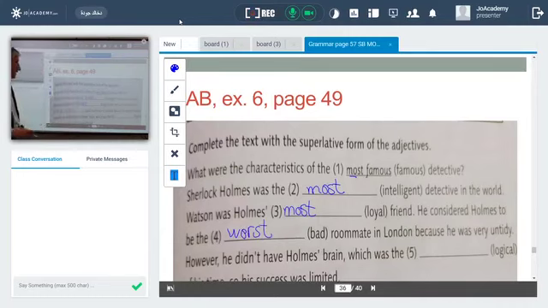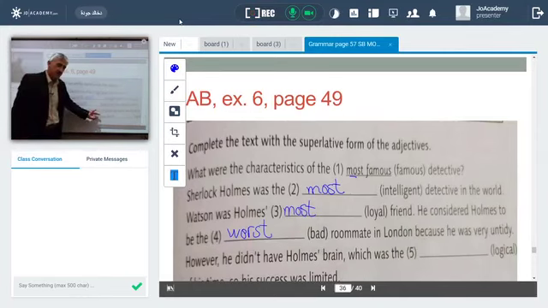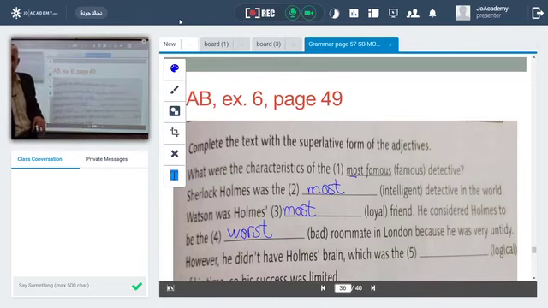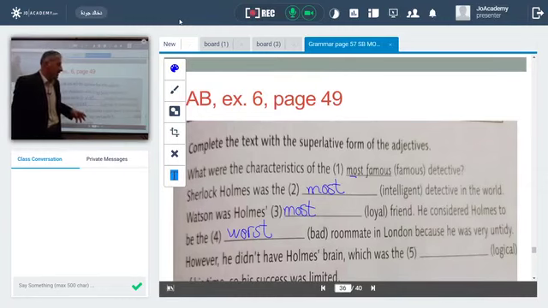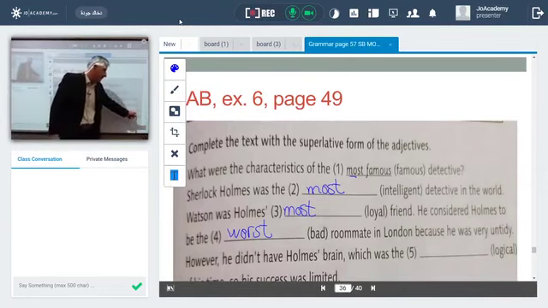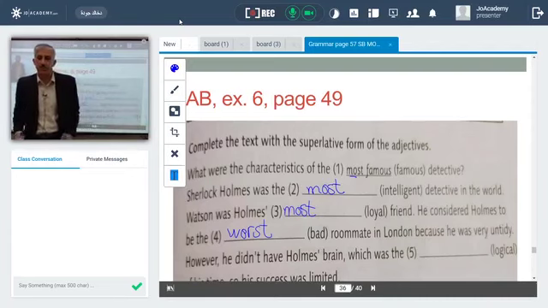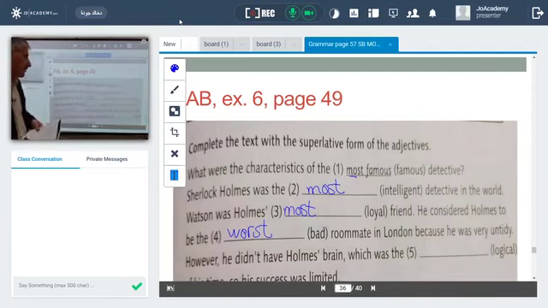So he considered Holmes to be the worst roommate. Roommate, what does it mean, roommate? Roommate اللي هو الرفيق الذي يسكن معك في الغرفة. Roommate in London because he was very untidy. Untidy means غير مرتب, فوضوي, untidy. So he was the worst roommate.